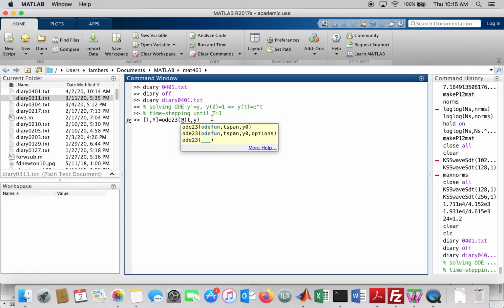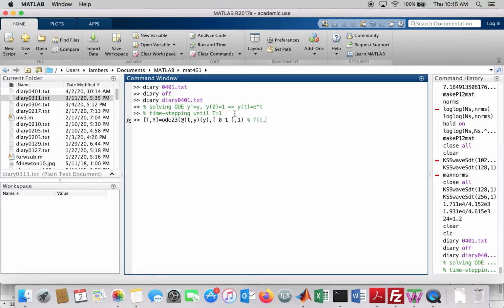So I'll just define a function, f(t, y) equal to y. It's an anonymous function. It takes arguments t and y, and then the y value is the output. The next argument is an interval in time, where you give the initial time and the final time. So I'm going to time step from 0 to 1. And then I'll specify the initial value, which would just be 1.